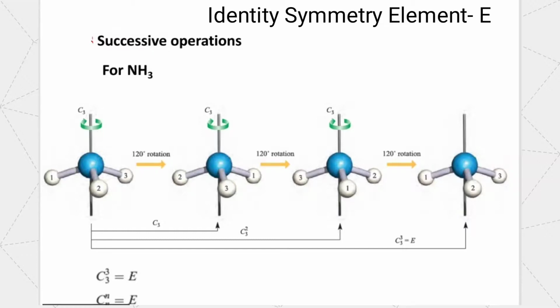When the NH3 molecule is rotated through 120 degrees, it gives an equivalent structure. Again, on rotation through 120 degrees, it gives a second equivalent structure. Again, on rotation through 120 degrees, it gives a structure identical with the first one.